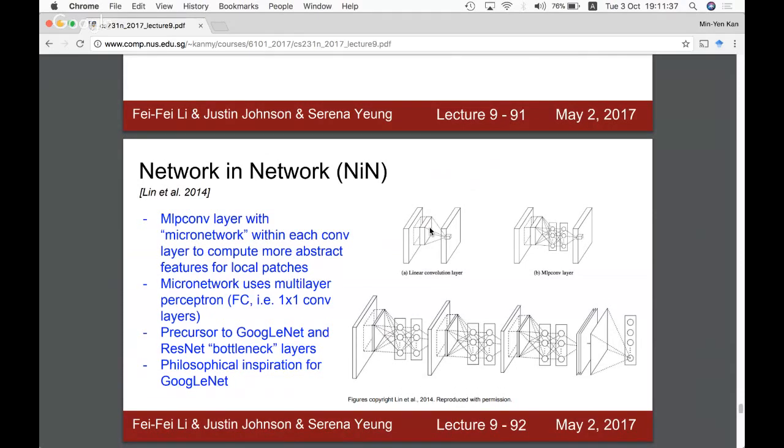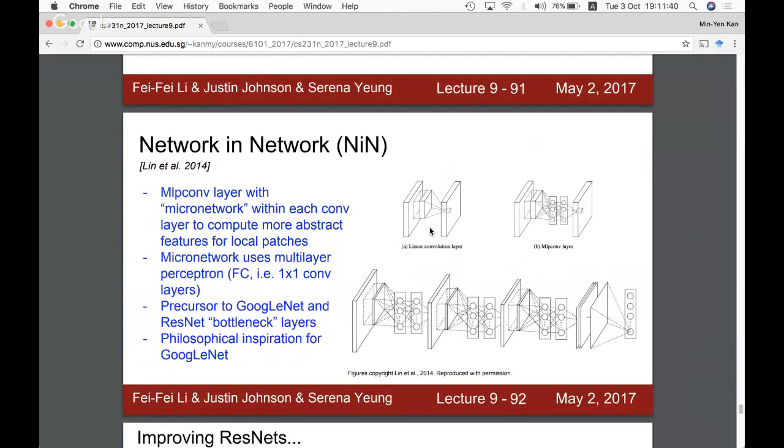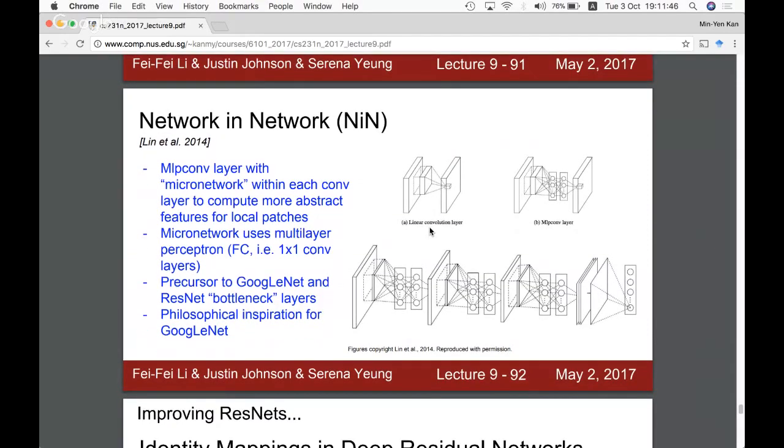So the Network in Network was a paper from 2014. It's talking about this MLP conv layer, which is basically like a network within a network.